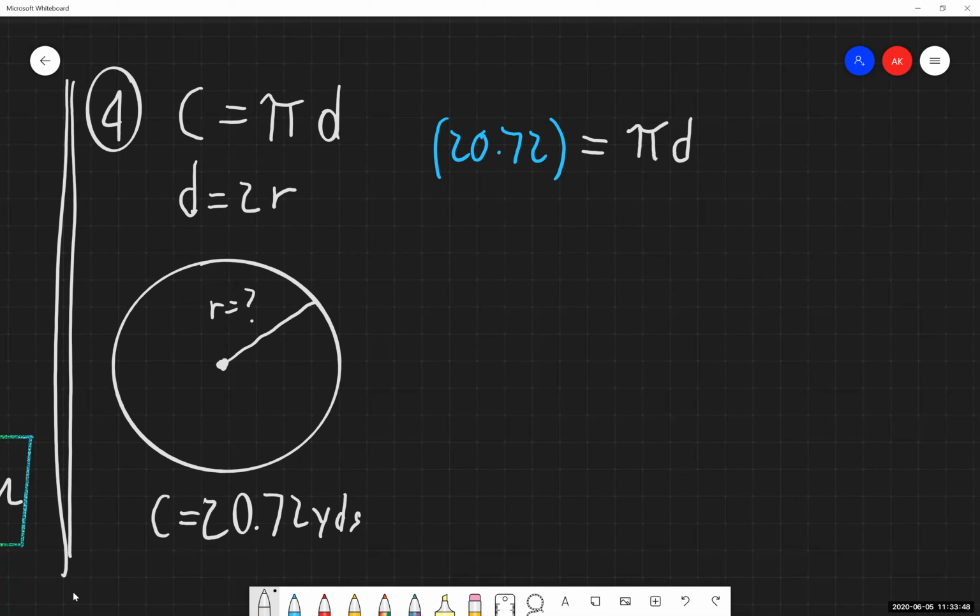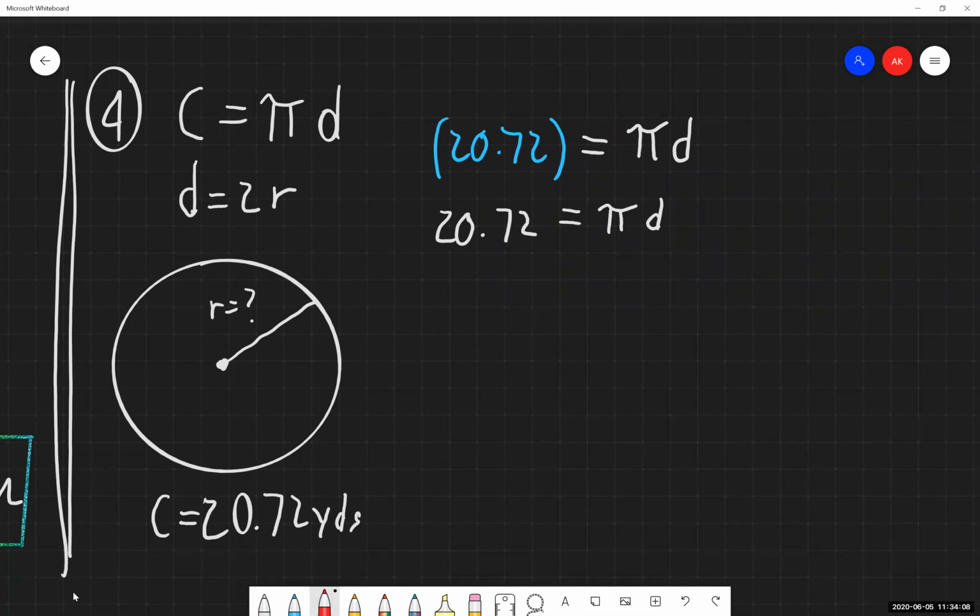And now my end goal is the radius. I do not have an explicit equation that contains the radius in it based on what I am starting with.